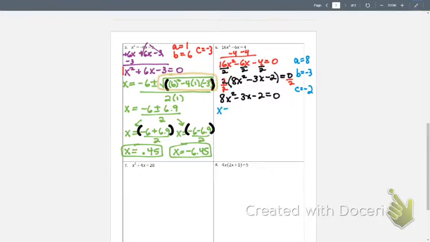So x equals the opposite of b, which is positive 3, plus or minus the square root of b squared, which would be negative 3 squared, minus 4 times a, which is 8, times c, which is negative 2, all over 2 times a.